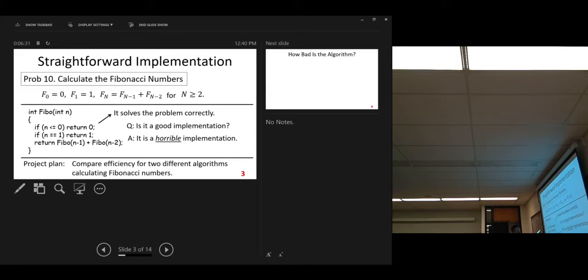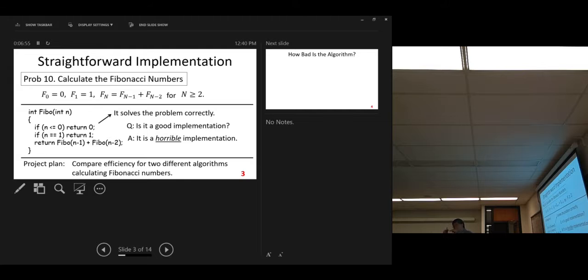One is this one. Simple, but very bad. Another, our second one, we improve it. So we make it efficient. So you write these two programs.